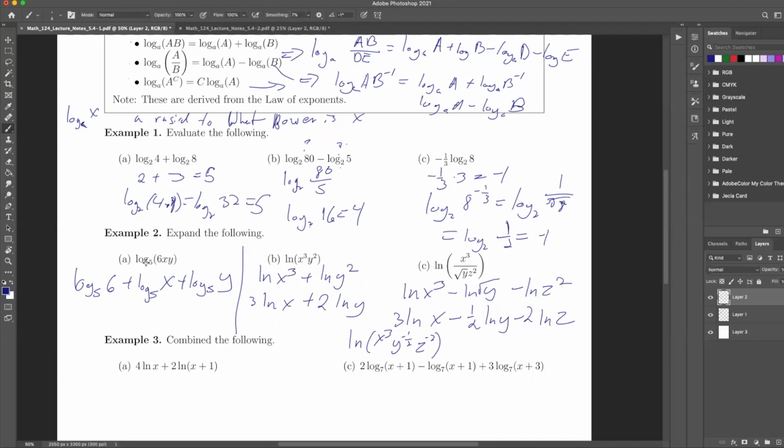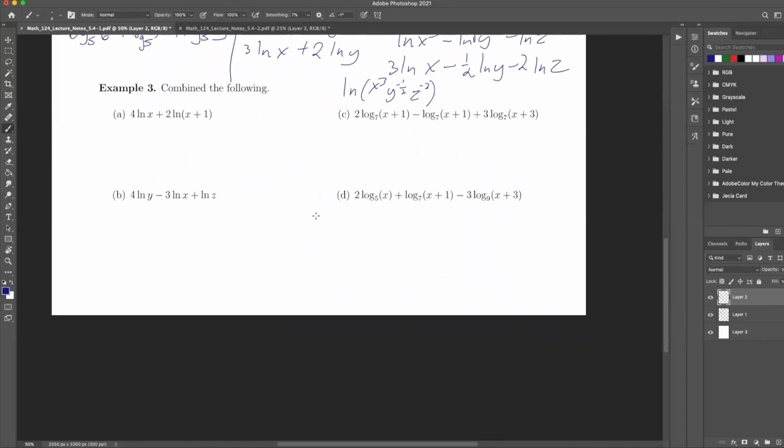Okay, so let's do our example 3. And we'll go from there. All right, so I'm going to do A, C, and D, and I'll have you guys do B. So let me start with A, we'll go to D, and then we'll do C. Okay?